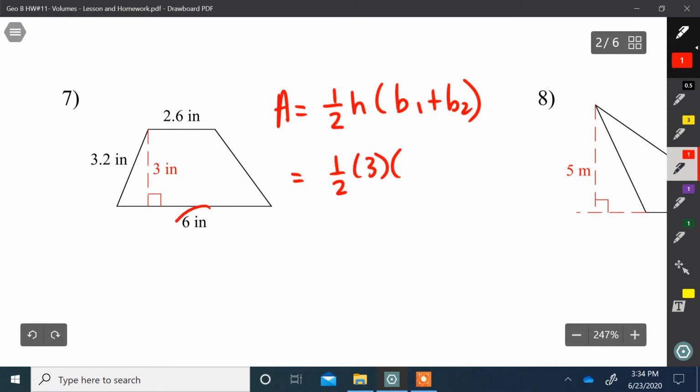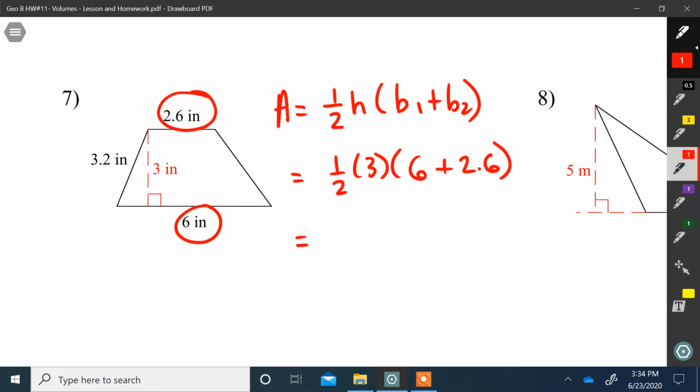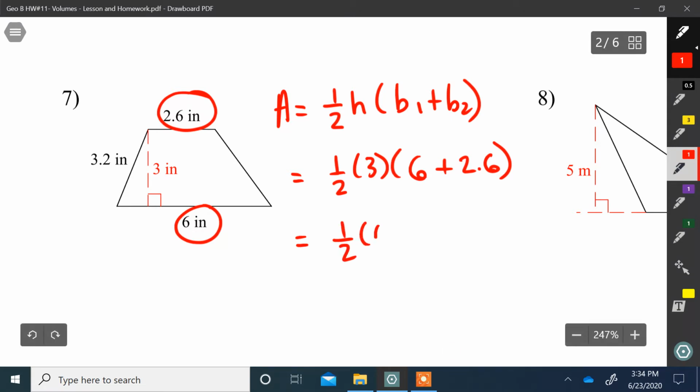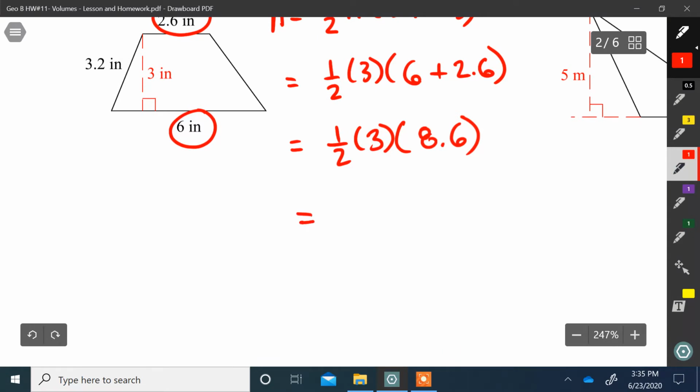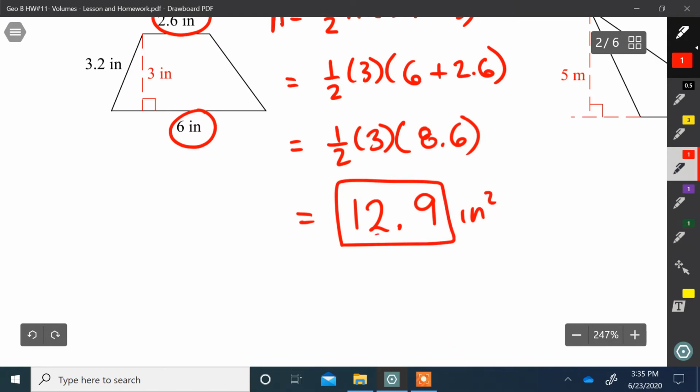The base 1 we can say is 6, and base 2 will be 2.6. I don't know why I put a 3 there. It's actually, so I'll add those two, you get 8.6, and you multiply that out, you should get 12.9 inches cubed. Of course, you're not going to put this, you're just going to put this on Canvas.